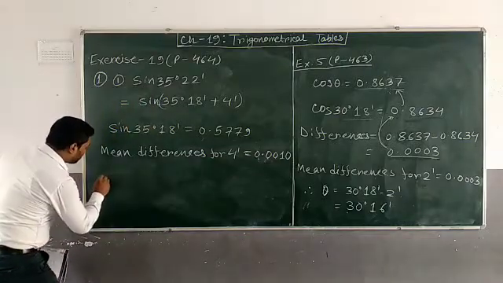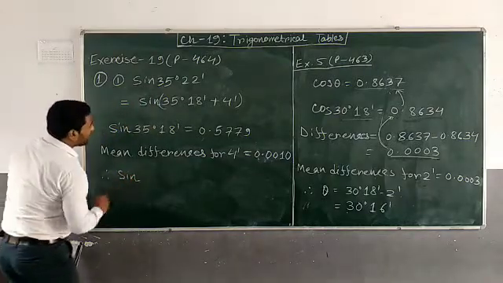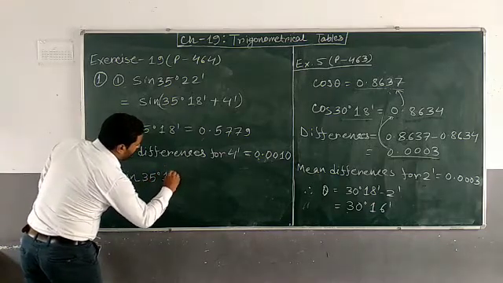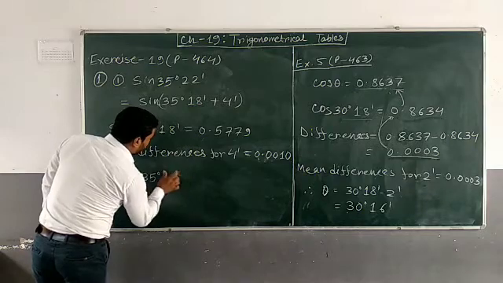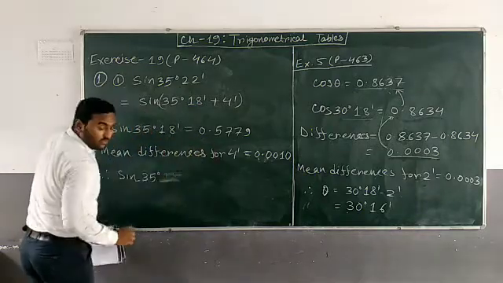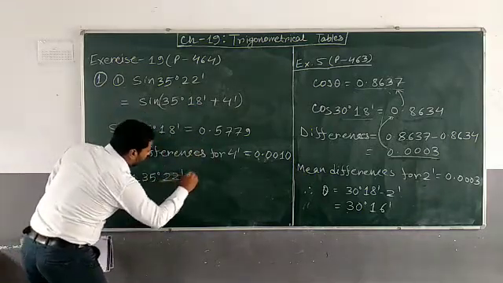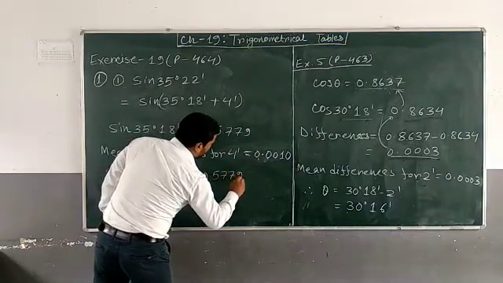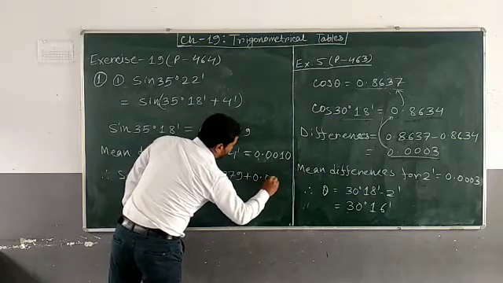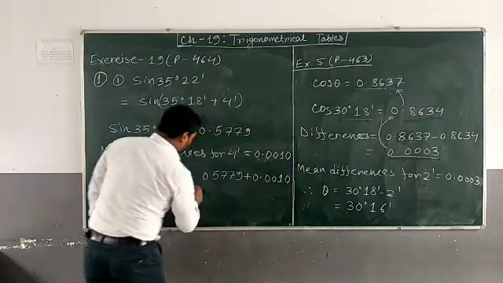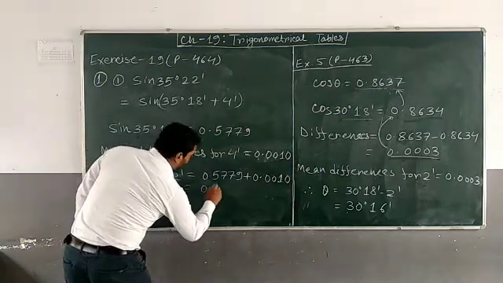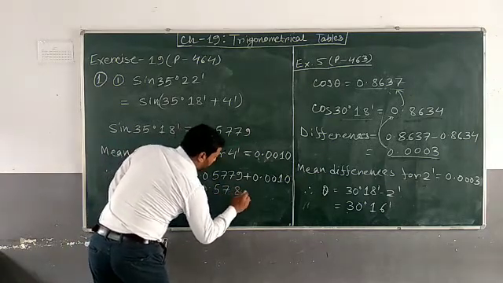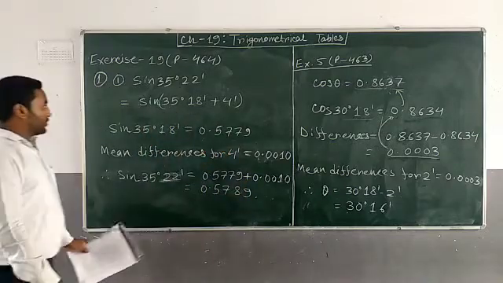So finally, sine 35 degree 18 plus 4, that is 22 minutes, is equal to 0.5779 plus 0.0010, which equals 0.5789.